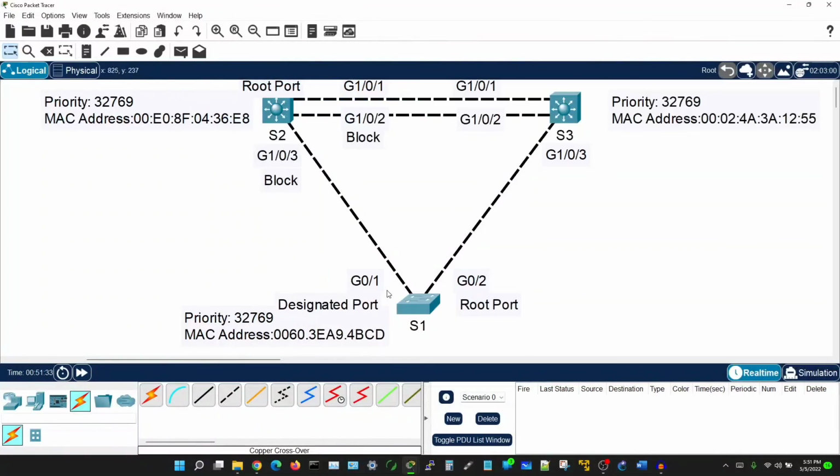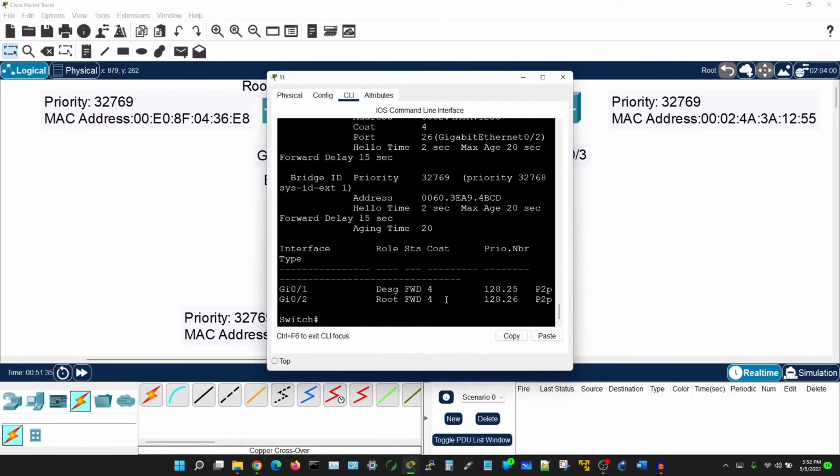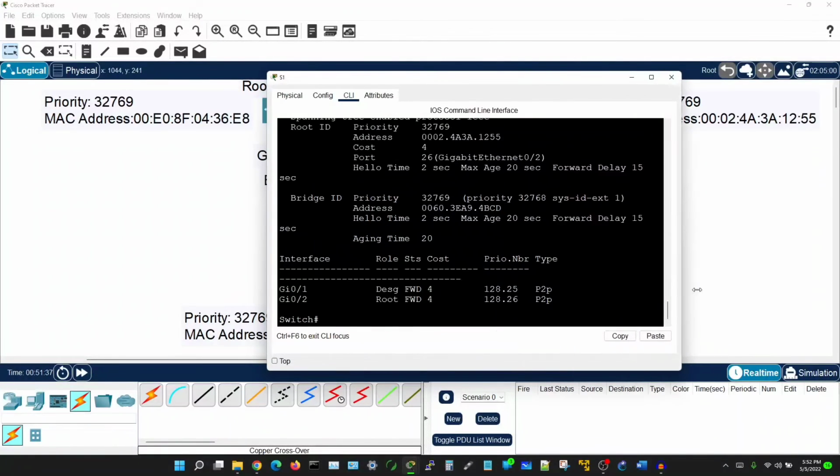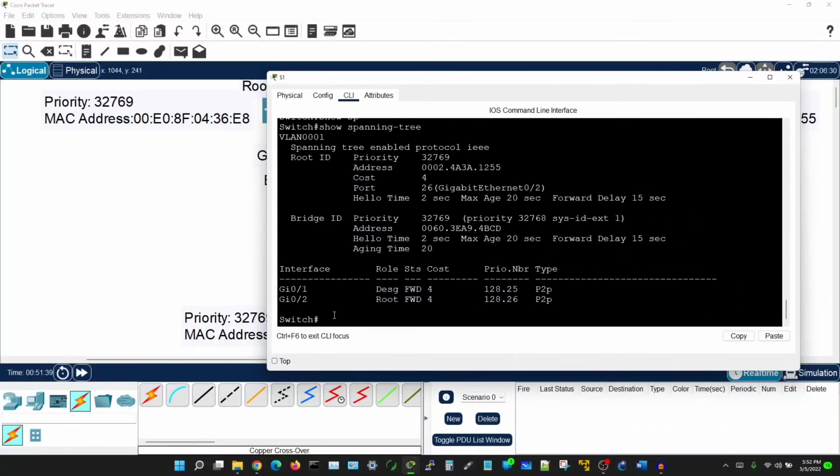All right, and then I'm gonna make this switch also participate in rapid spanning tree. So show spanning tree.